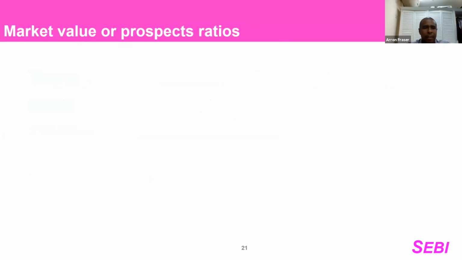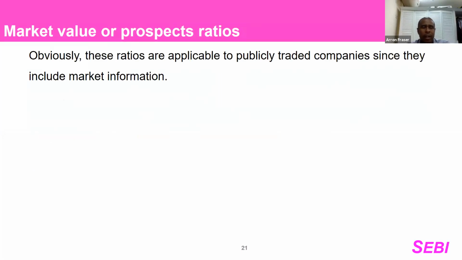Right, so the final category of ratios are the market value or market prospects ratios. These are obviously applicable to publicly traded companies because these ratios include market information. But if you're not a publicly traded company, and you want to work out similar ratios to this, what might be one of the approaches?